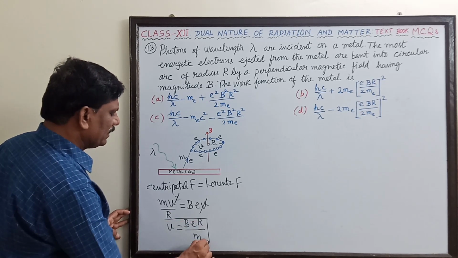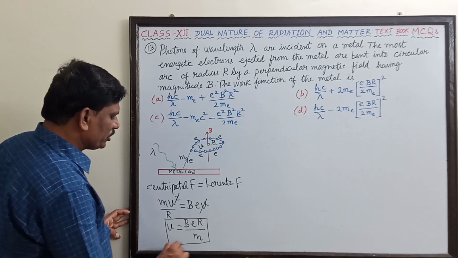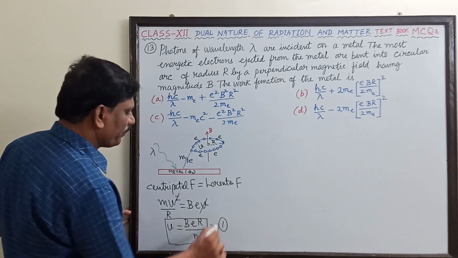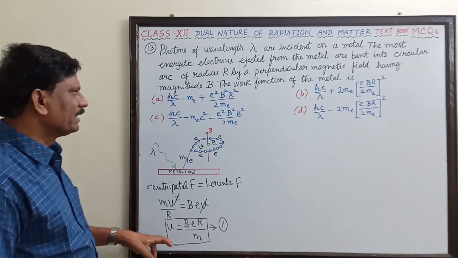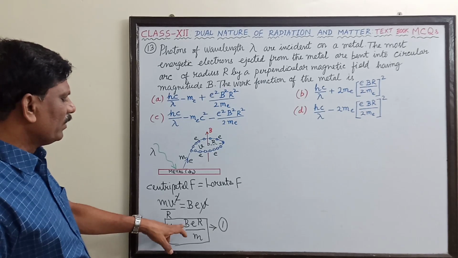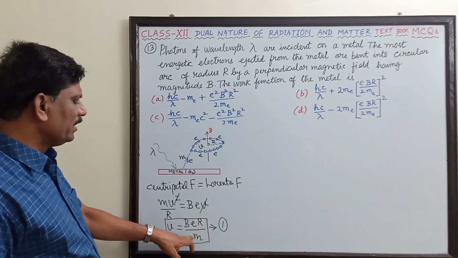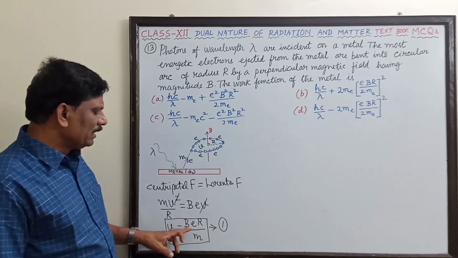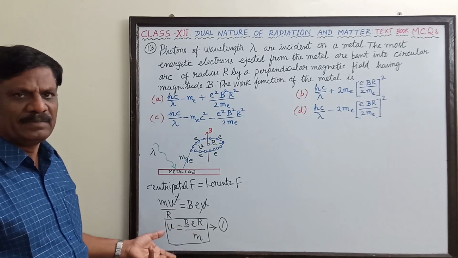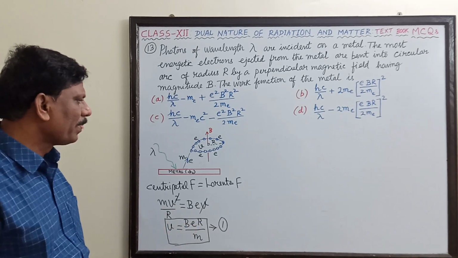This is the required equation number 1. So the velocity of the electron is v equal to B e R divided by m, or e B R divided by m; in any form we can write.